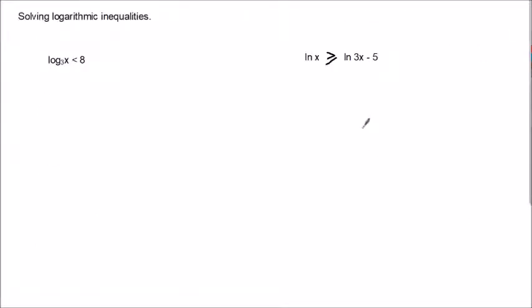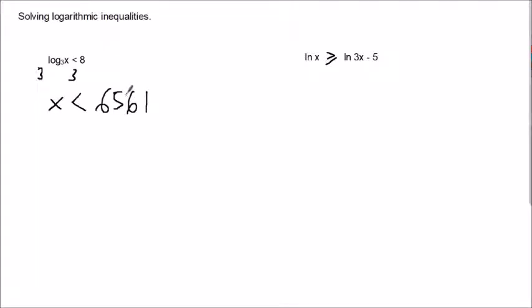So our next page is solving logarithmic inequalities, right? It's really simple. We can just do the same thing that we've been doing all along. Take the third power of this. We'll have x is smaller than 3 to the 8th power, which is a really big number, 6,561.